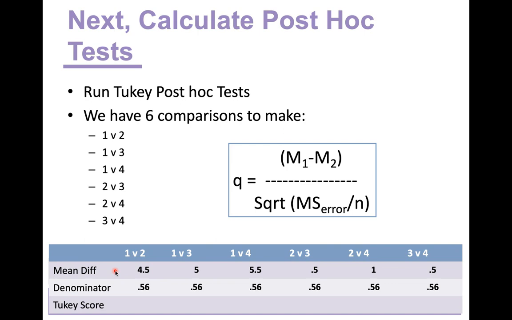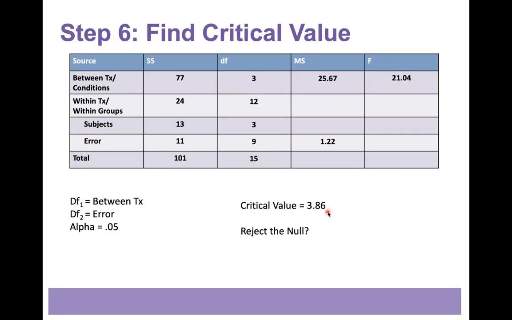And now that you're back, we can calculate the denominator for each of our Qs. The denominator is always the same for each of our comparisons. So this is a little easier. We just need to do one calculation. The denominator of our Q is the square root of the mean squared error that comes from our ANOVA table divided by little n, which was 4. So the mean squared error, I believe, was like 11. No, I'm sorry.